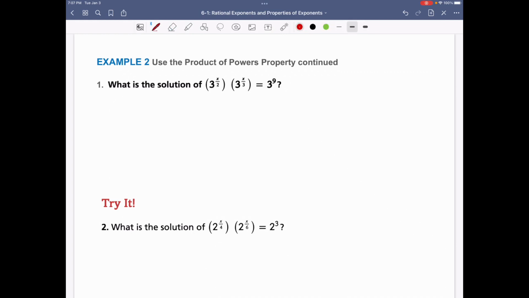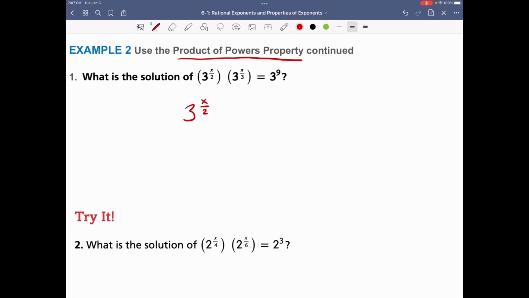Okay. This is example 2, use the product of powers property continued. On the last page we talked about what the product of powers property is, and now we're going to apply it. So here we have 3 to the x over 2 times 3 to the x over 3.